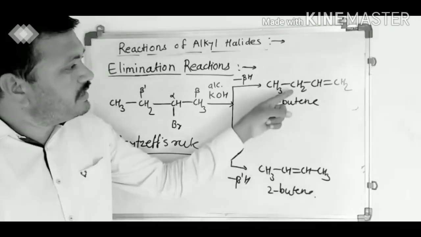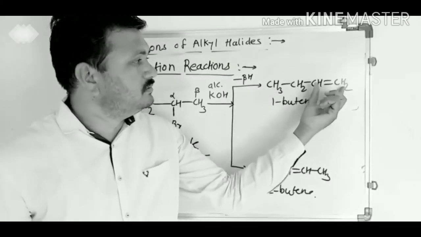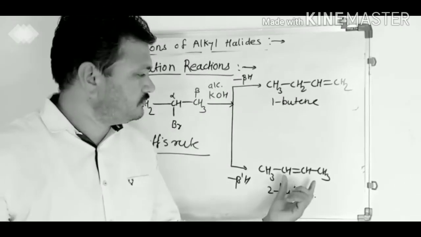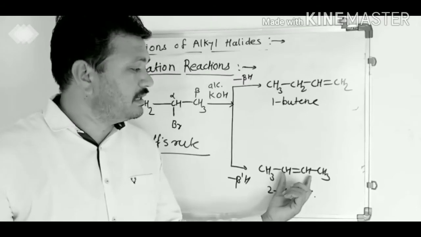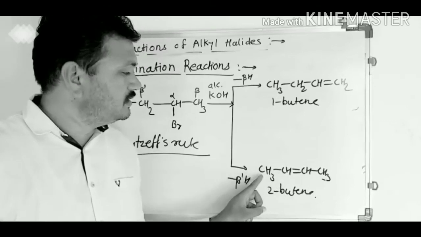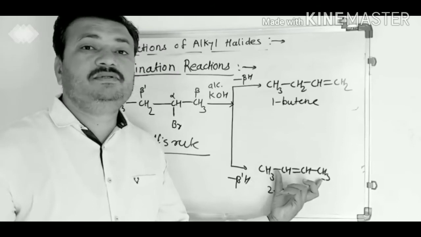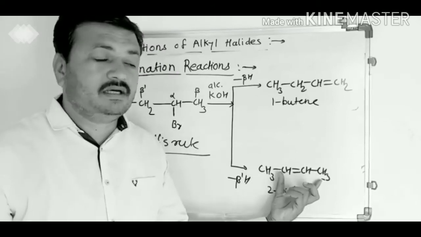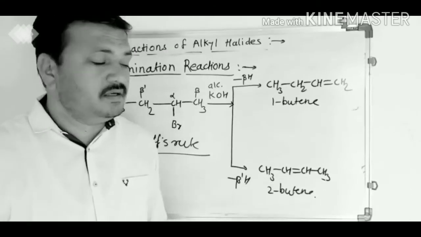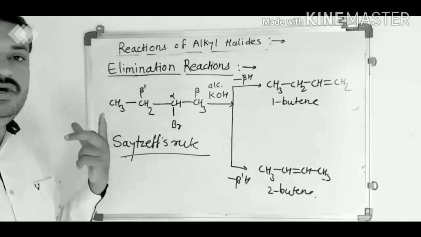When we compare both the products, in one double bonded carbon there is only one alkyl substituent, whereas in the other case this carbon atom has one alkyl substituent and this carbon atom has one alkyl substituent. Therefore there are two alkyl substituents present on the double bonded carbon atoms. Therefore this double bonded carbon is more substituted, and this product is obtained as the major product according to Saytzeff's rule.